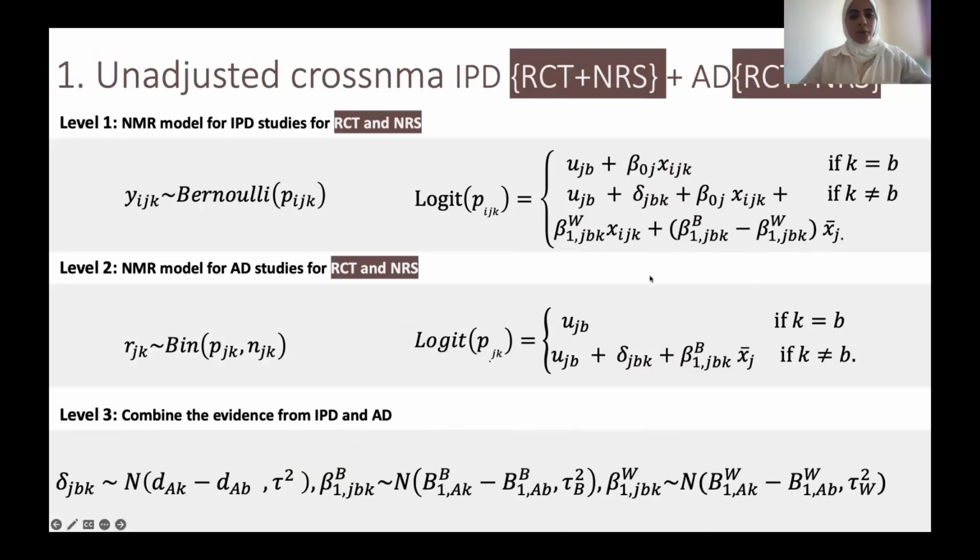Yeah, so here beta W is the within study treatment covariate interaction coefficient. So it quantifies the interaction between the treatment effect and the covariate effect.